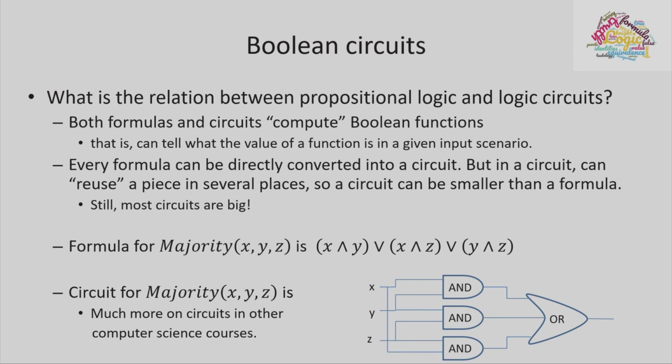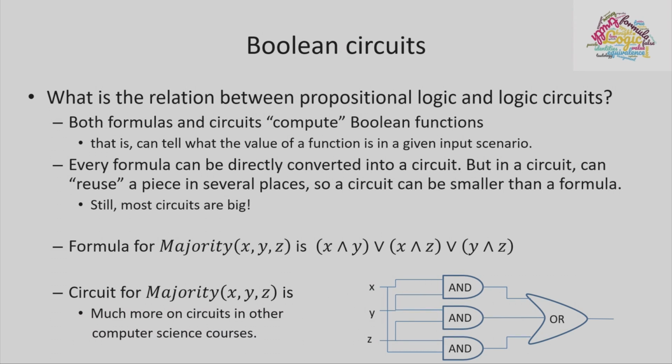For example, if you write the formula x and y, or x and z, or z and y, this formula will be true exactly when the majority of its inputs are true and will be false otherwise. So essentially, this is a formula that computes majority.